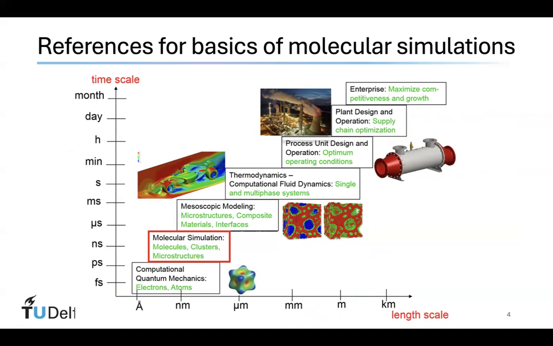At the end, you can make very useful predictions about thermodynamic properties and many other transport properties that are relevant for large-scale systems. The nice part is that you can then feed the data that you get to the bigger scales, in the length scale of kilometers to meters and so on.